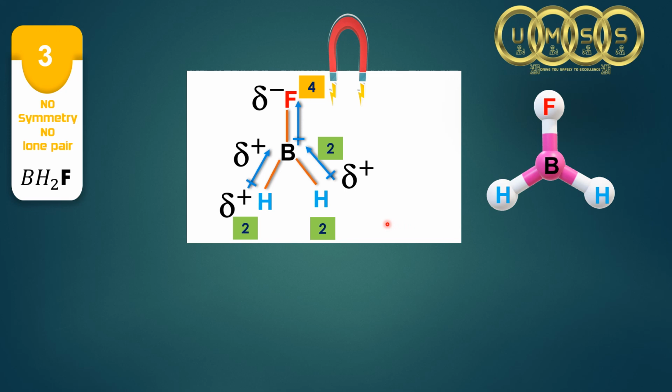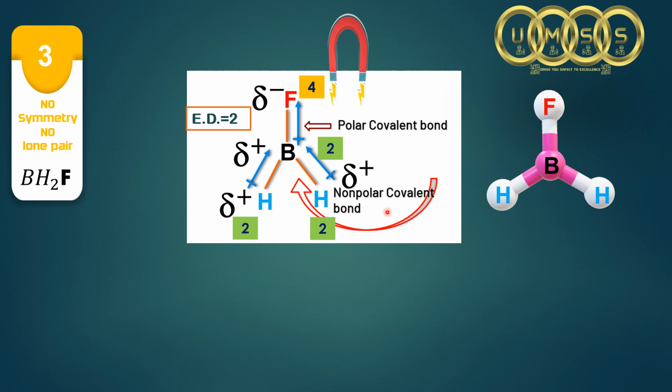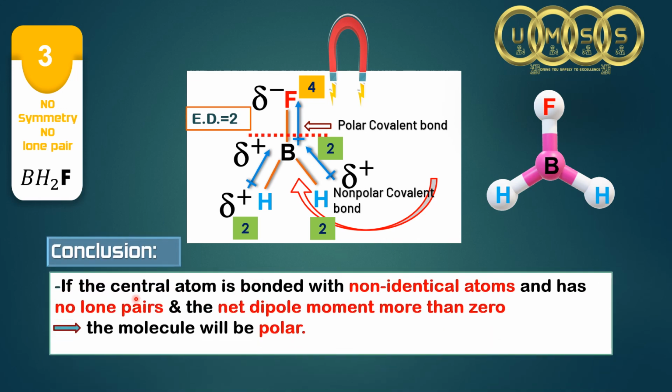Also, the bond between fluorine and boron is a polar covalent bond, as the electronegativity difference equals 2. And the two bonds between boron and hydrogen atoms are nonpolar covalent bonds, as the electronegativity difference is near 0. So the final conclusion: if the central atom is bonded with non-identical atoms and has no lone pairs, and the net dipole moment is more than 0, the molecule will be a polar one.